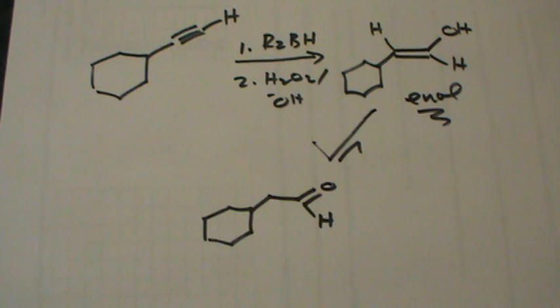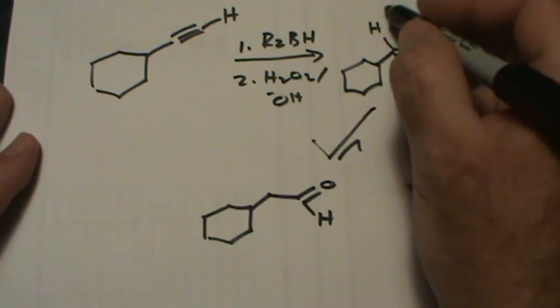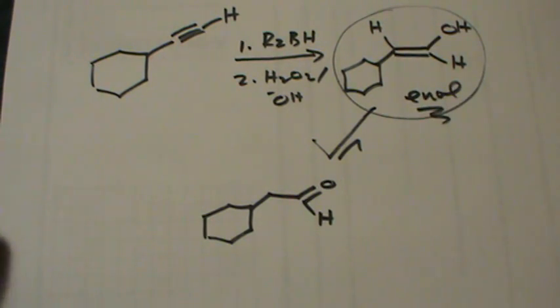So we've seen in this chemistry of alkynes, whether it be a Markovnikov or an anti-Markovnikov hydration reaction, that we can convert alkynes into aldehydes and ketones through the intermediacy of these enol structures.